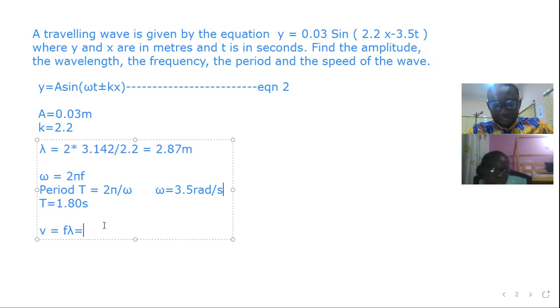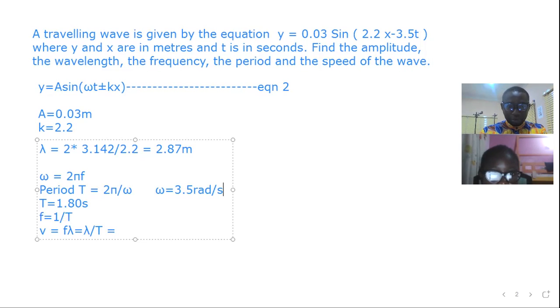You know that frequency is actually one over big T, one over the period. So with that alone, you can get your frequency and then multiply by your lambda. But if you don't want to go too far, you could just say lambda over big T is the same thing, as frequency is equal to 1 divided by big T. So V is equal to lambda over T. I hope you understand that.